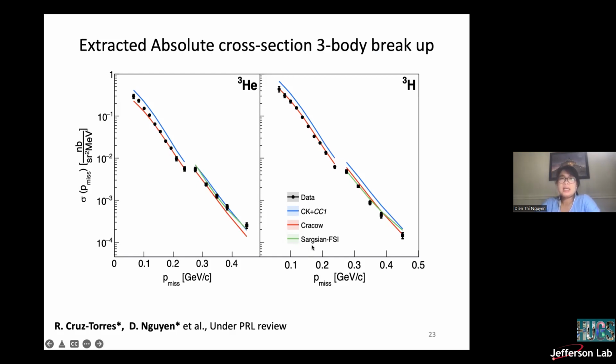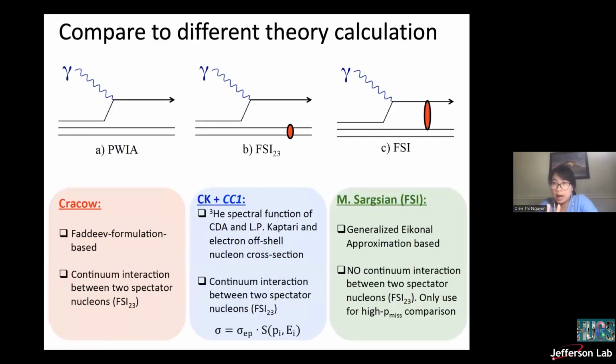The idea is that these calculations all use the plane wave approximation, but with different NN interactions. They also add in different final state interactions.